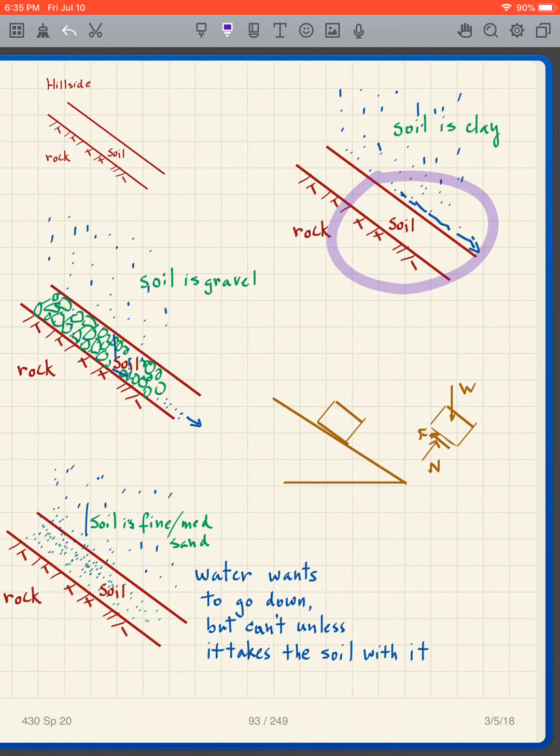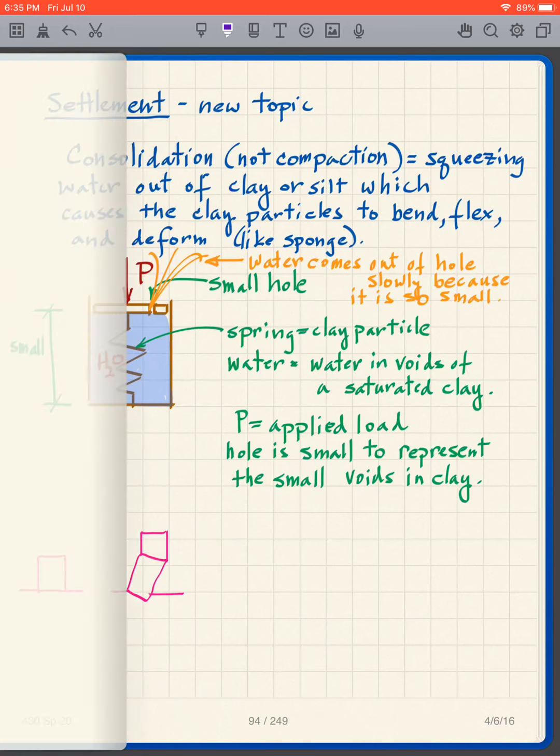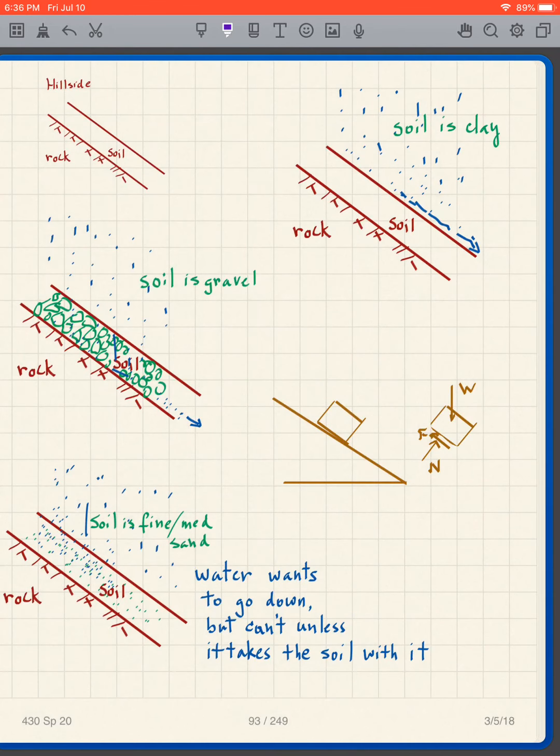So what I'm talking about with the clay here is that now, if the soil is clay, what can happen? I've shown you an ideal case, but it's rare that our ground surface is straight like that. In reality, your typical ground surface is going to be uneven. And what happens when it rains?